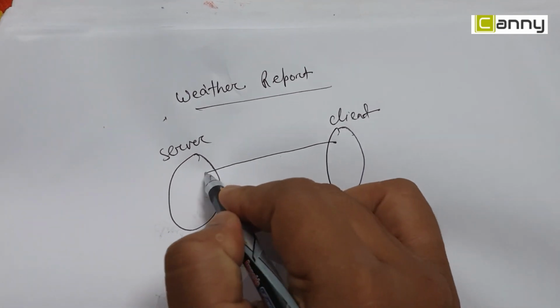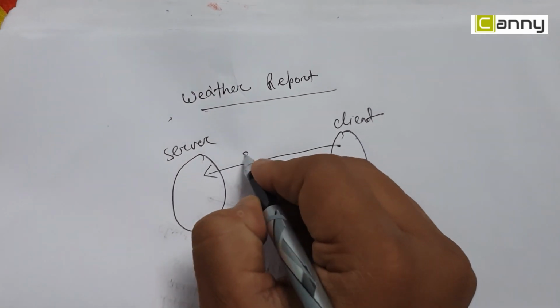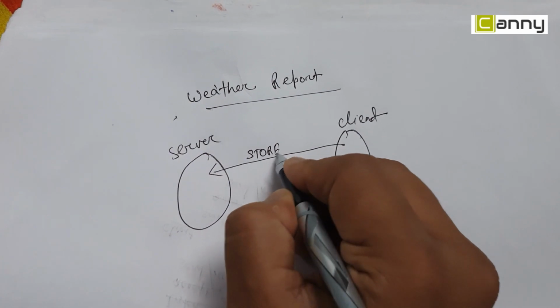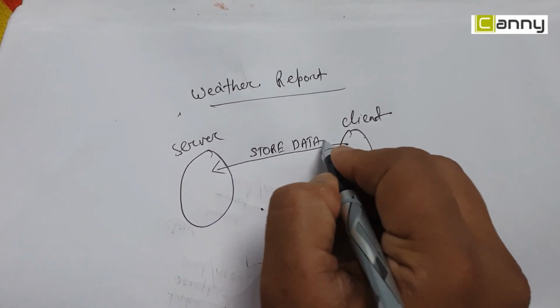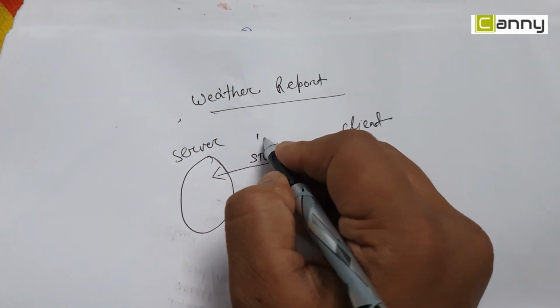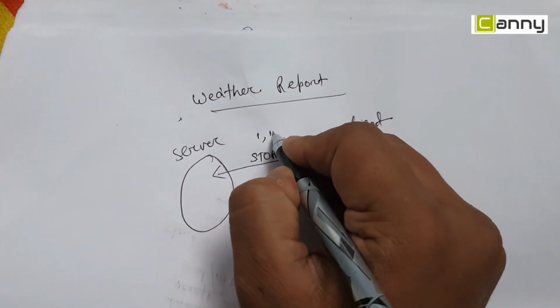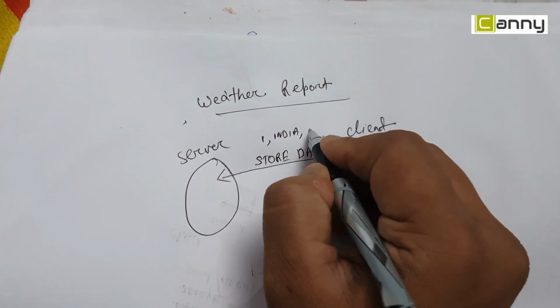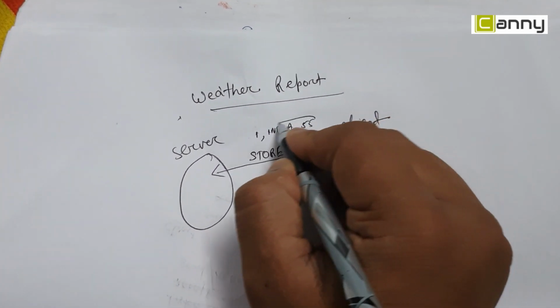So the client will send a store data request with what data? Country code as 1, country name as India, and for example temperature as 55.